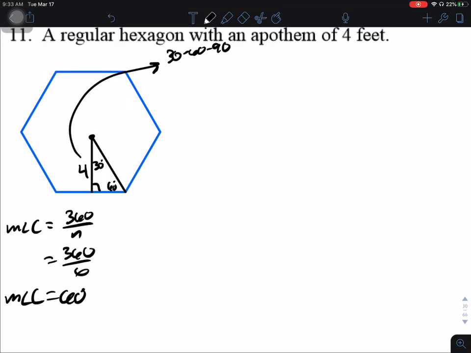And we are saying that the long leg is the short leg times the square root of 3. If you divide both sides by the square root of 3, you get 4 over square root of 3 is the short leg. If you rationalize your denominator, you get 4 square roots of 3 over 3.